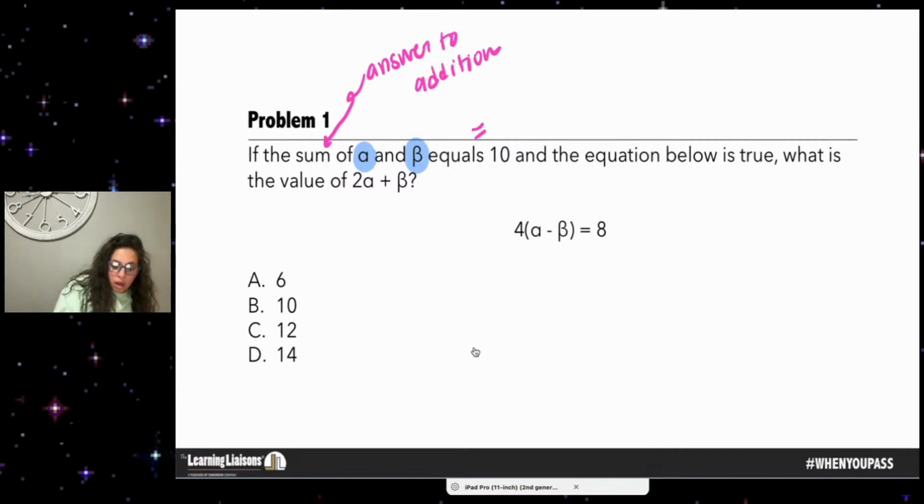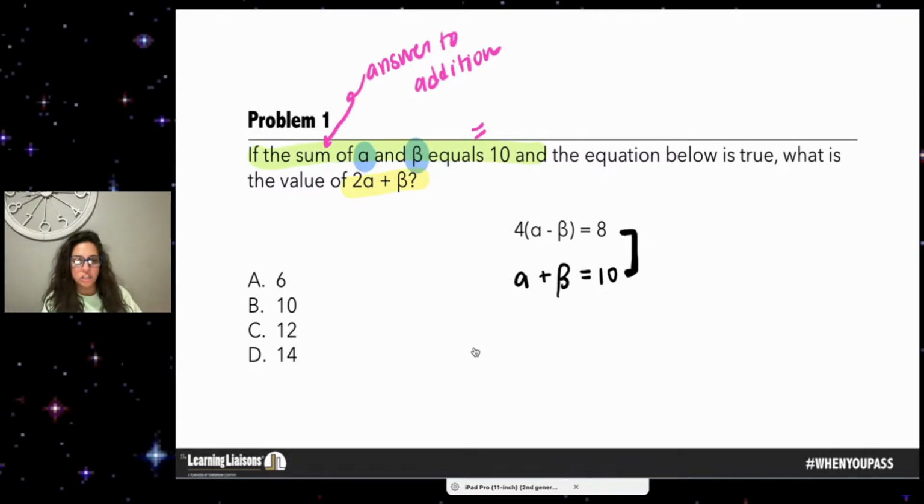So step 1 is I have to figure out what A and B are before I can do anything else. So I'm going to translate all of this into an equation. The sum of A and B equals 10. So we know that this is true and this is true.